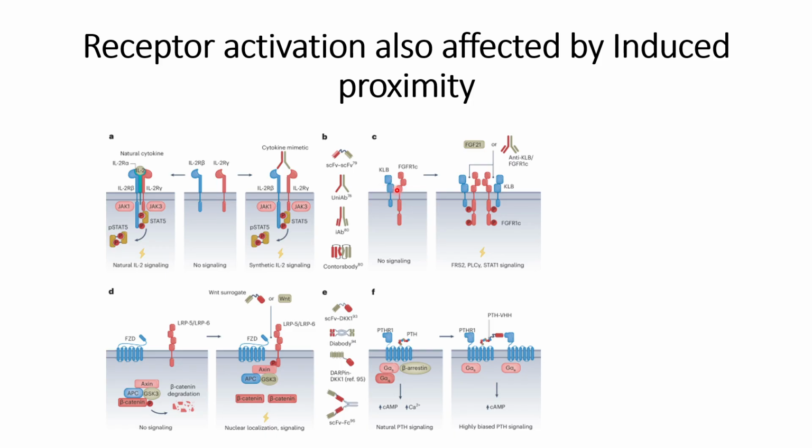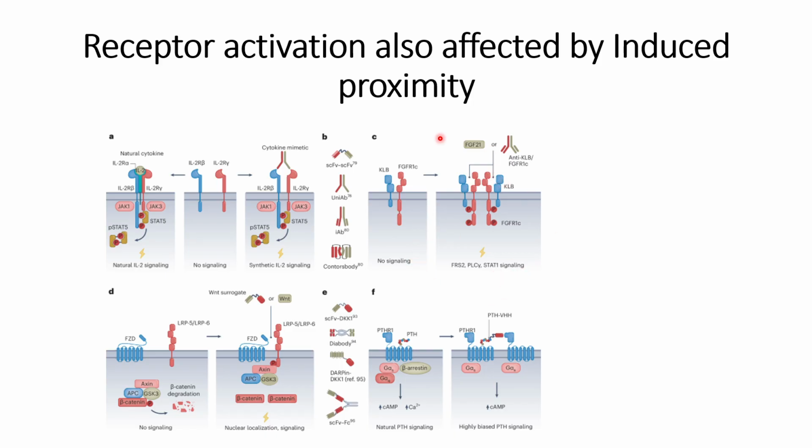in close proximity, that is KLB and FGFR1C. But when these antibodies, that is anti-KLB or FGFR1C, or FGF21, which is the natural cytokine, interact in this region, it will cause downstream signal activation through phosphorylation, and that will trigger the FGFR1C formation, and cause FRS2 PLC gamma STAT1 signaling activation.